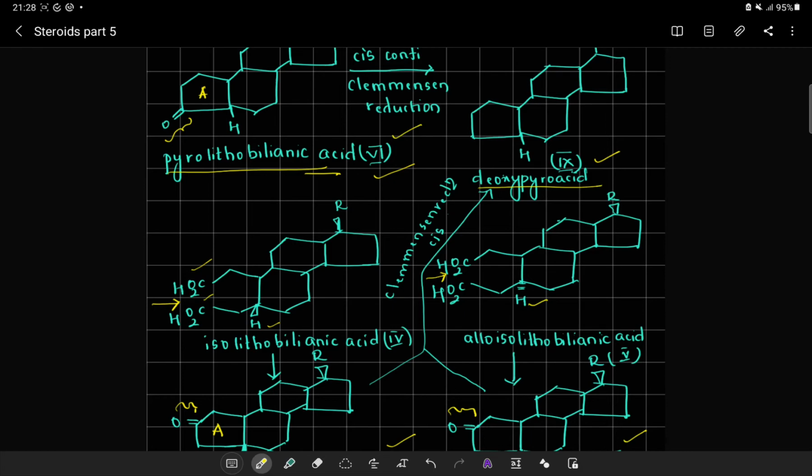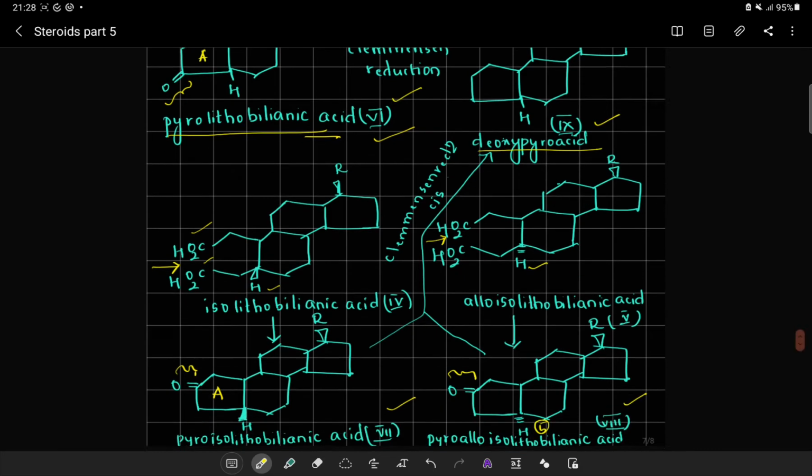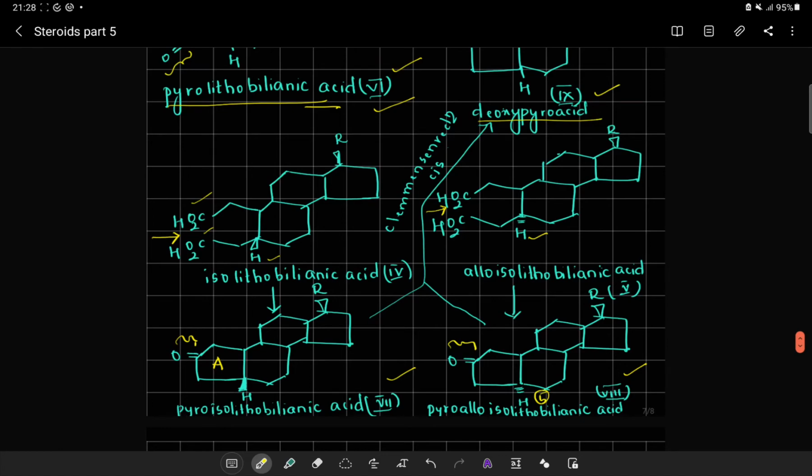Both compound number 7 and compound number 6 are giving deoxypyroacid itself, that is compound number 9. That gives a conclusion that both compound number 6, pyrolithobilyanic acid, and compound number 7, pyroisolithobilyanic acid, have a cis configuration.